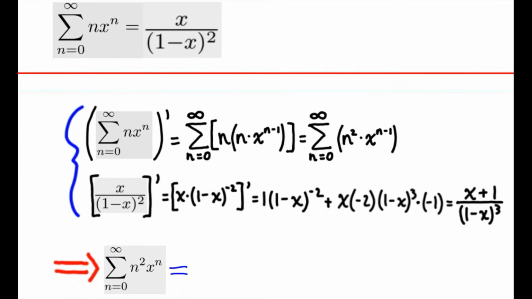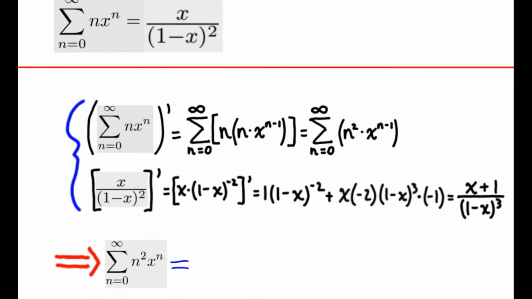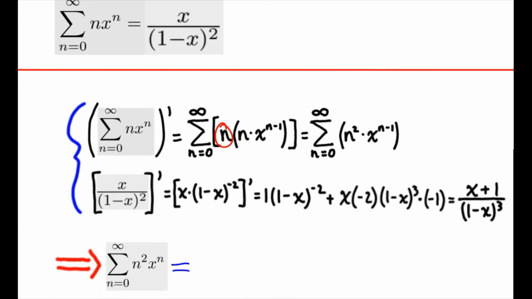The derivative of this side is going to be n times x to the n minus 1 power, which is just the same thing as n squared times x to the n minus 1 power. And this over here, the derivative of that is equal to x times 1 minus x to the minus 2 power. I didn't really take the derivative yet, I just turned it into this.